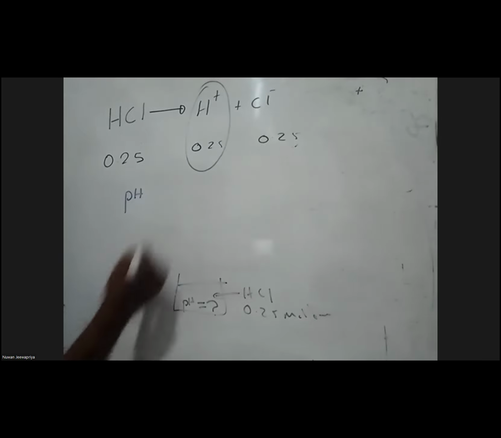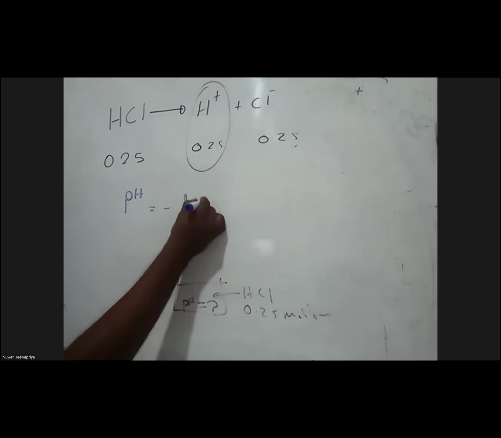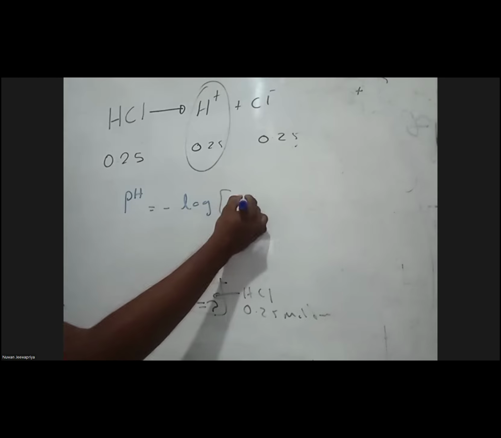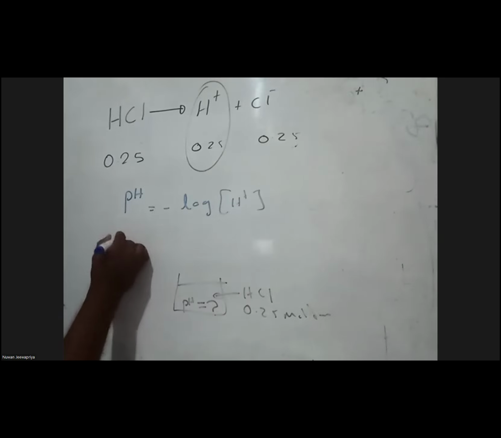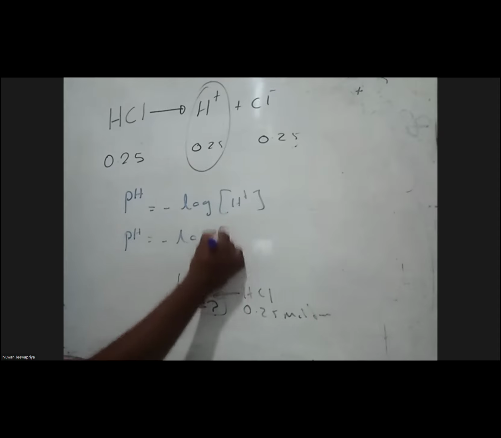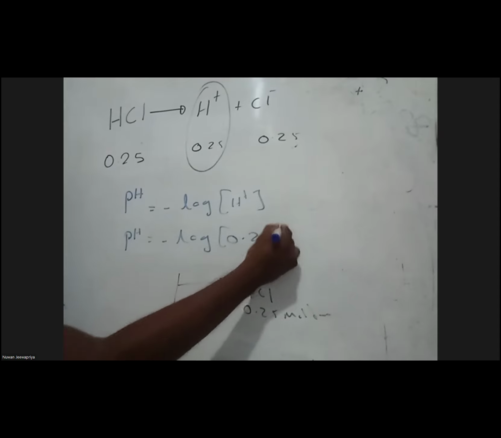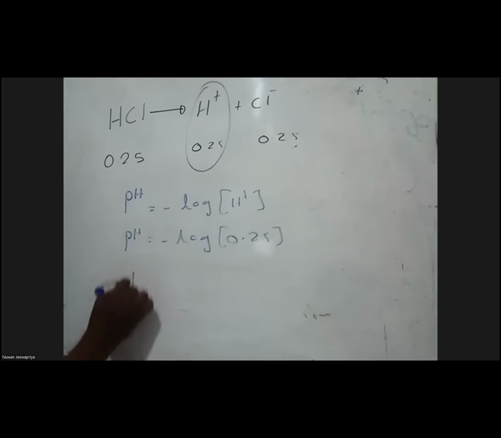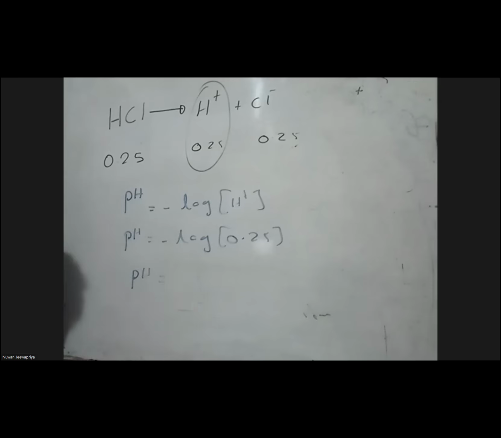pH is equal to minus log of the H plus concentration. So pH is equal to minus log 0.25.